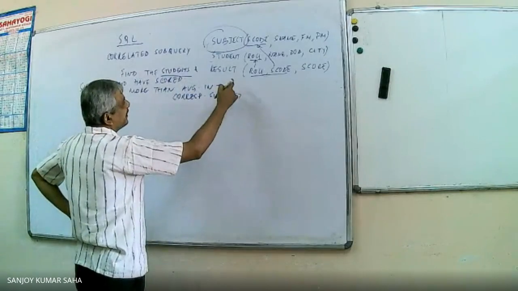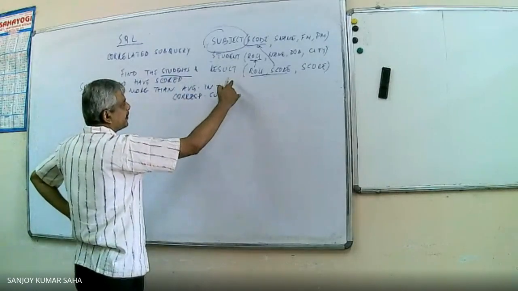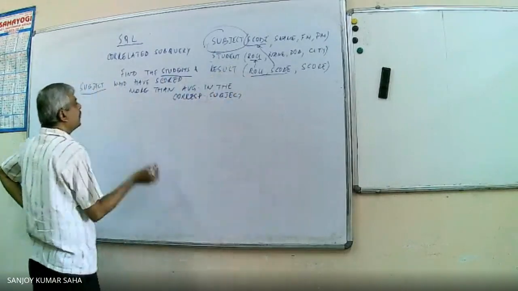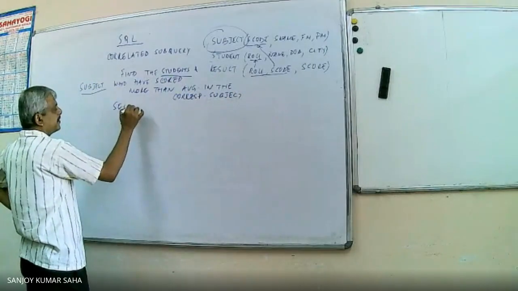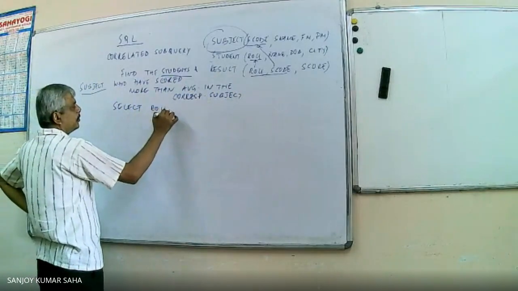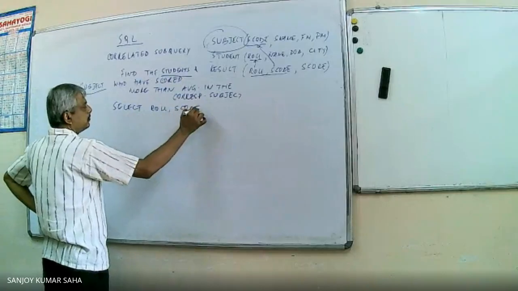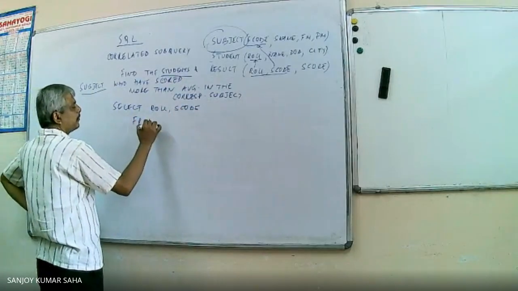Say, for the time being, student means roll, subject means subject roll. So from result, we can find out this combination. Select roll, score from result.